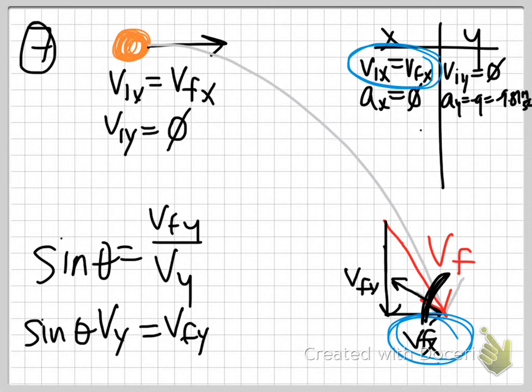Can we find the value of... Is there an easier way to do this? Thinking it through. Because we can find VFY very, very simply. And once we have VFY and VY, which we were given, we can find theta. Do we even have to do that? I don't think we do, huh? Because if we have VFY, we can just use Pythagoras and solve for Vx.